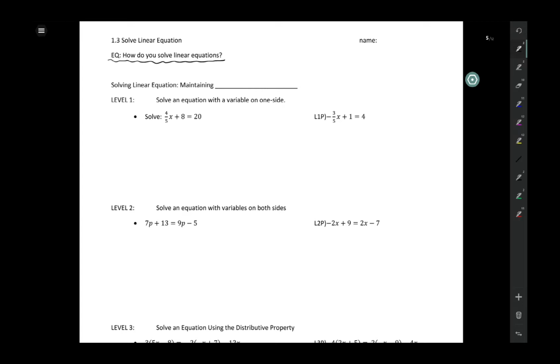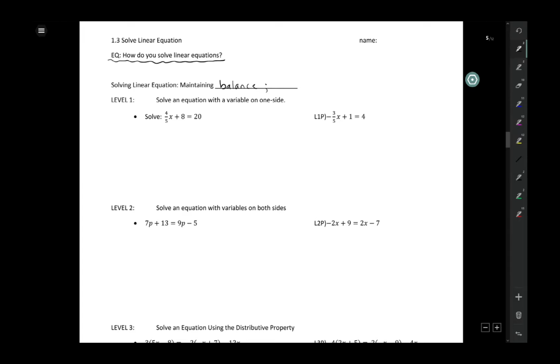Okay, now solving linear equations is all about maintaining balance. As you know, I've studied yoga over the summer, and a lot of the poses in yoga require balance. Whatever you do to one side, you must do to the other.